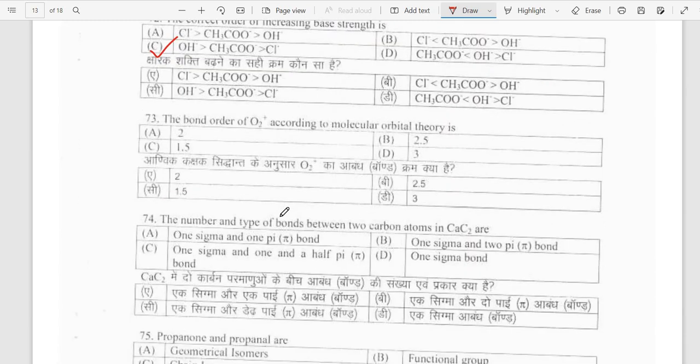The bond order of O2 plus according to molecular orbital theory. For that we have to draw the MOT diagram.